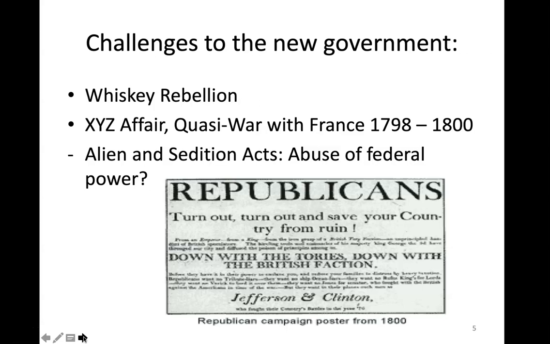So look at that. You can't even protest. You can't print news articles about it or opinion pieces in the newspaper. That's a clear violation of what? Our First Amendment rights.